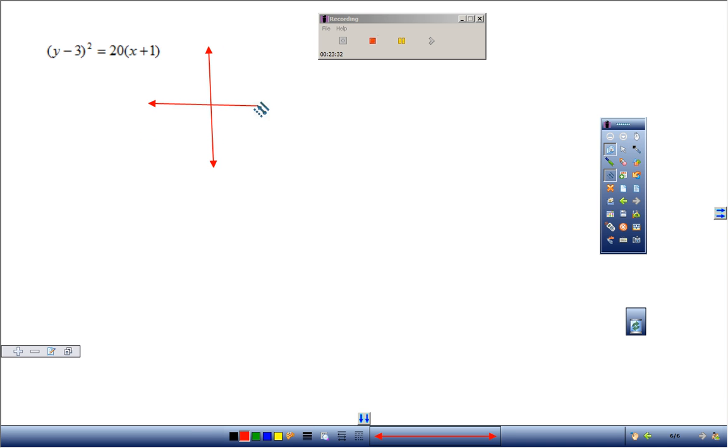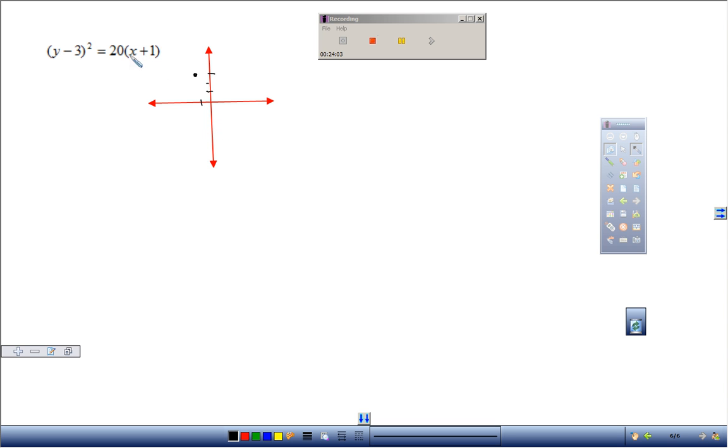So I'm going to draw an xy axis. Since this is plus 1, the vertex is going to be at negative 1, comma, positive 3. So if I go back 1 and up 3, then I have the vertex of this parabola. And since this number is positive, I know it's a right-opening parabola.